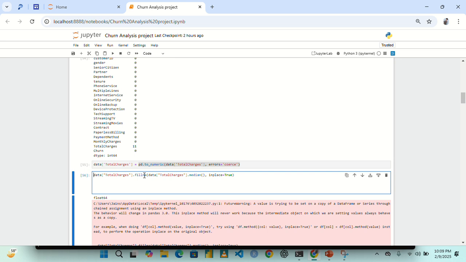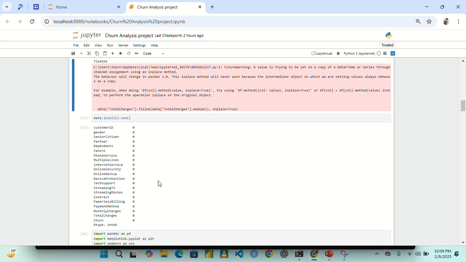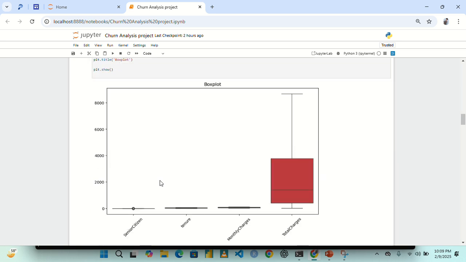So I take the median for handling the null values. You can also take the mean, but since it is total charges, I use the median imputation method. After that, I again check whether any column has null values. I found none. There is no column in which null values are present. After that, I check the box plot.